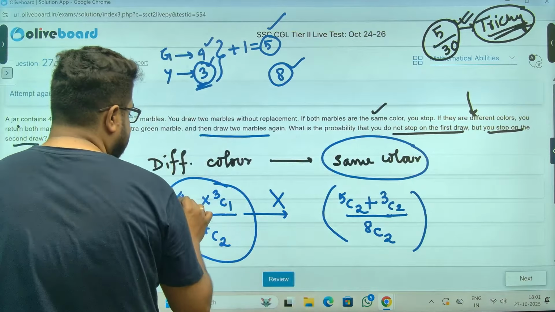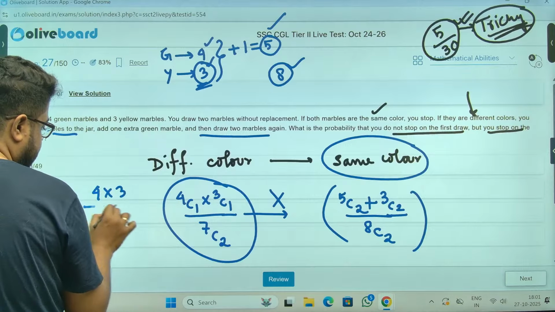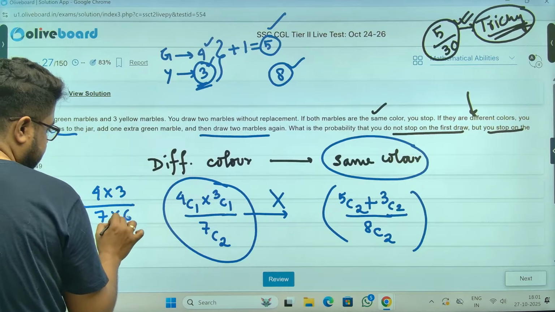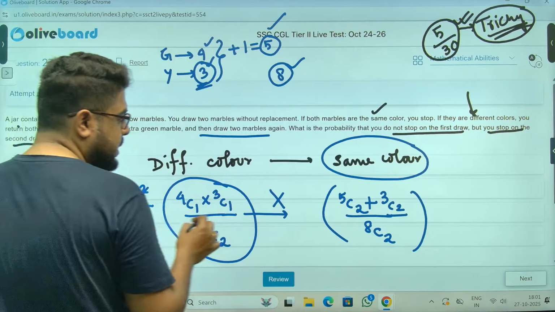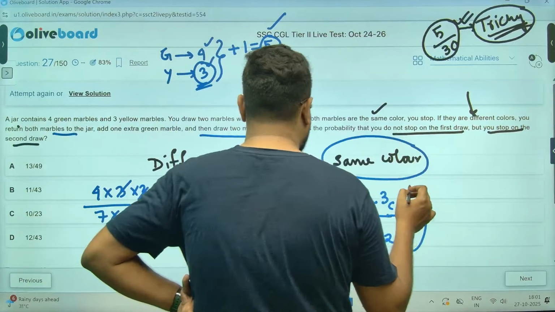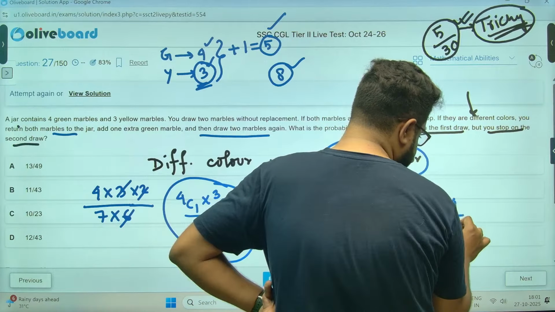Let's calculate a bit. So this is 4 into 3 divided by 7 into 6 into 2. So 3 2s are 6 gone, and ultimately from here I'm getting 4 by 7. So this thing into 4 by 7.